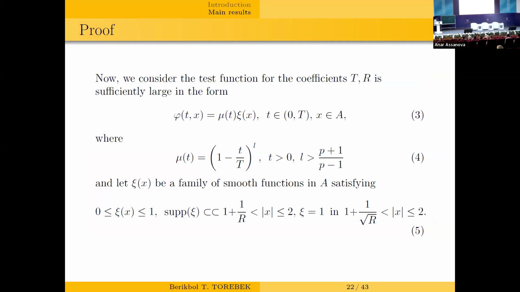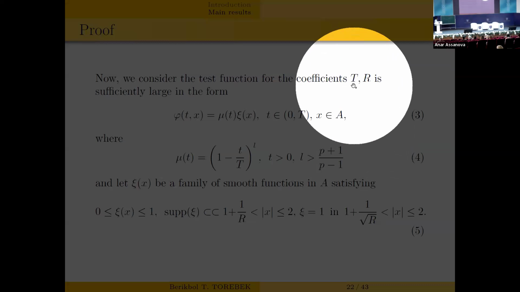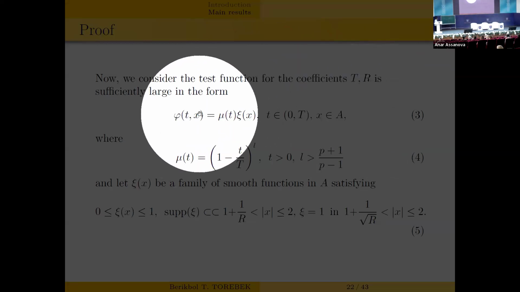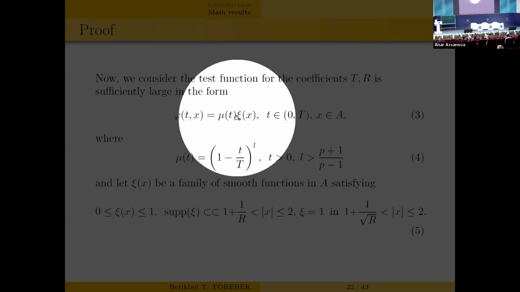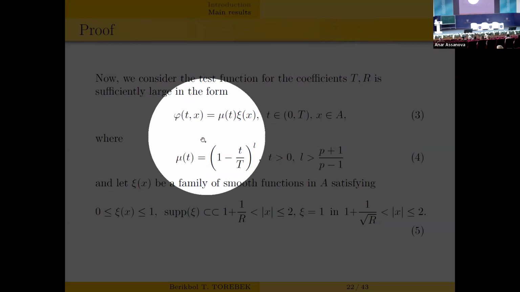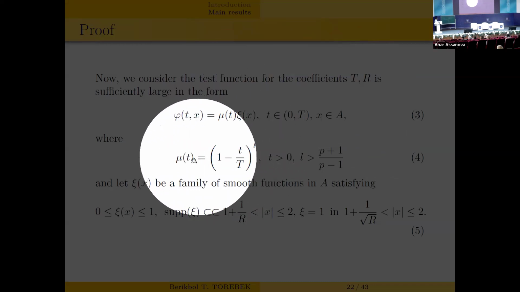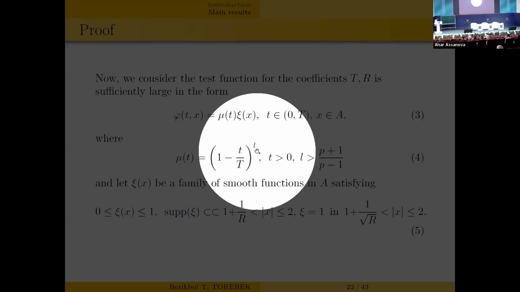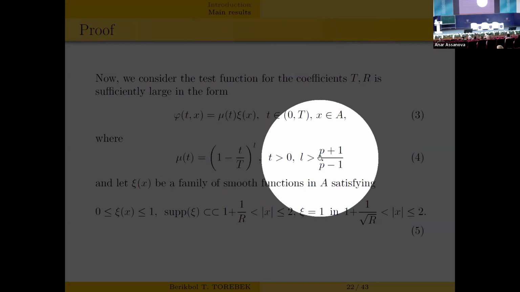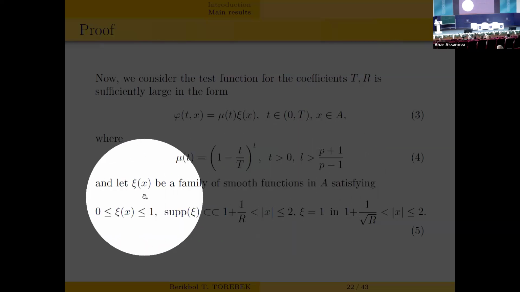Let us give the proof of this statement. We consider, for sufficiently large t and r, this kind of function. This is a test function. Here mu of t has this kind of explicit representation. And here the power L is greater than this number, p plus 1 divided by p minus 1.